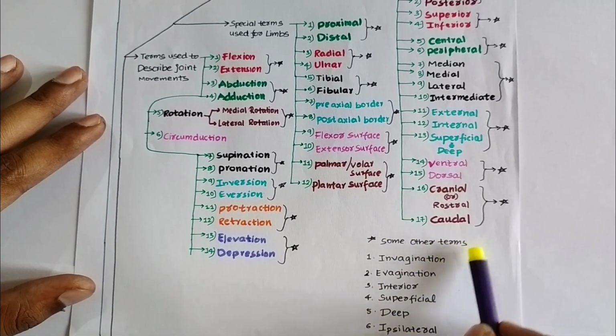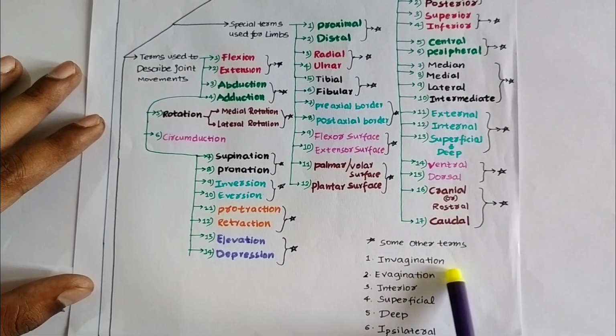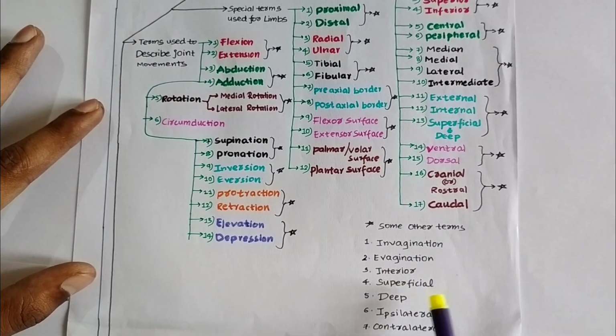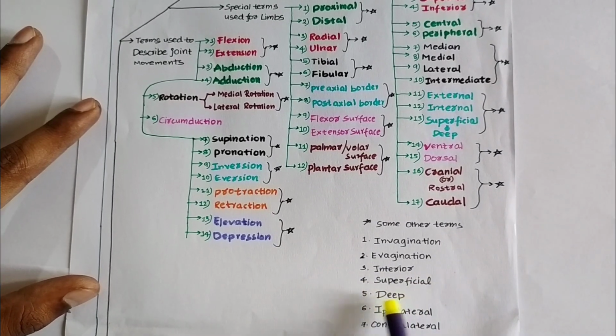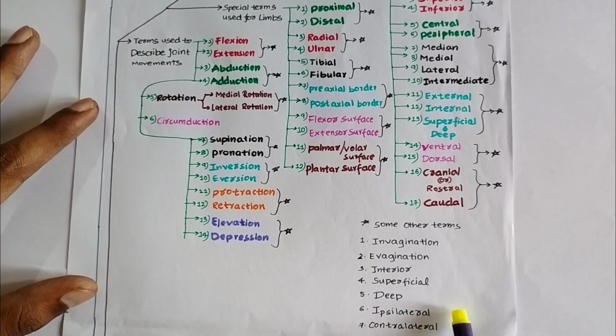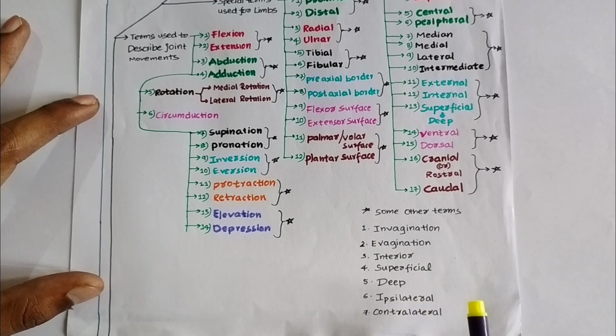So there are some other terms like invagination, evagination, interior, superficial, deep, ipsilateral, contralateral.